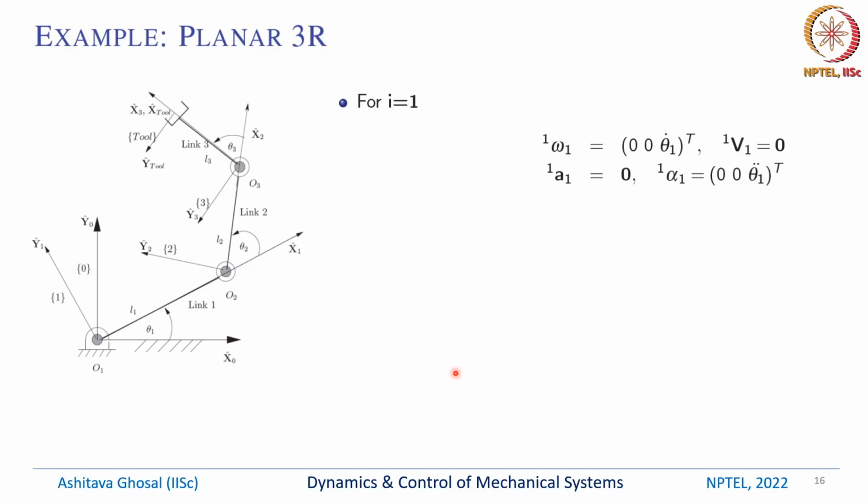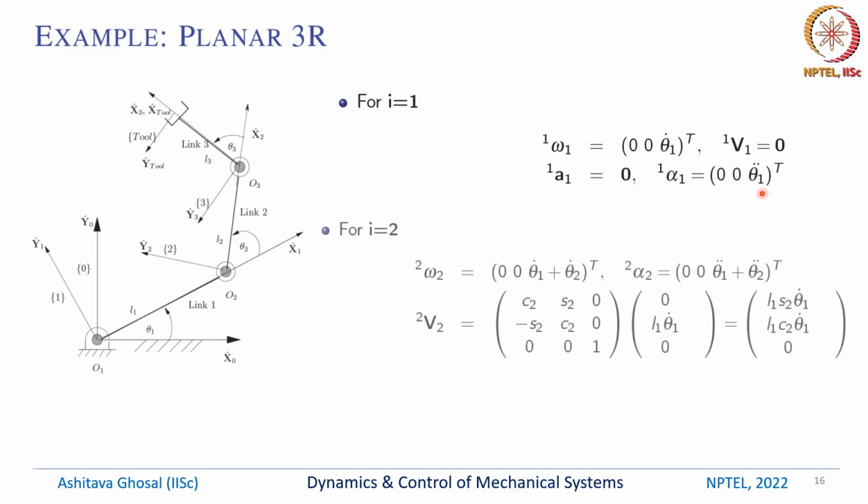You can also check it mathematically by going back to the propagation equation, and there you can see you will have one term which is linear velocity of i minus 1 and omega cross r. The linear velocity of the 0th link is 0 and omega cross r is also 0 because r is 0. Likewise, the acceleration 1a1 is 0 and 1 alpha 1 is theta 1 double dot.